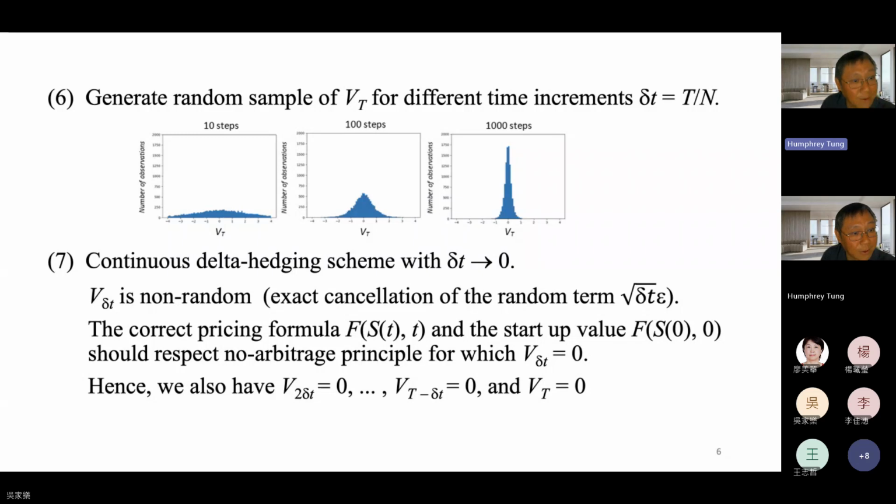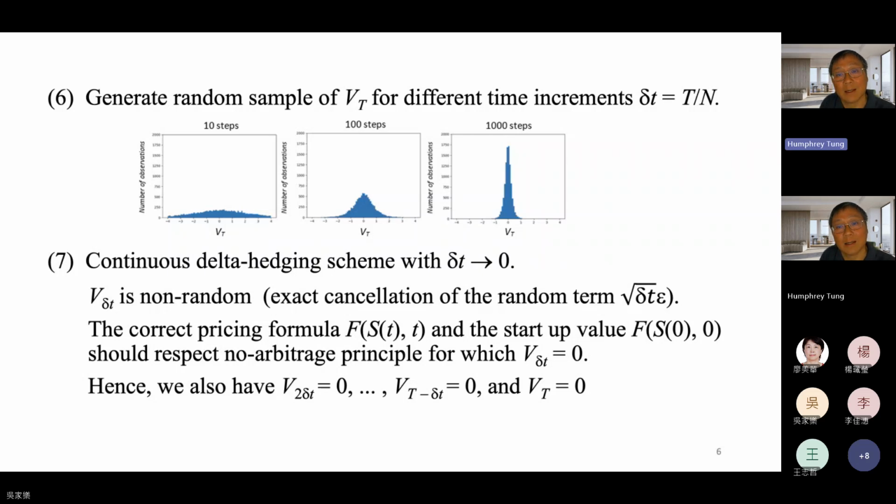Highly uncertain. The next plot is rebalancing 100 times. Then you start seeing the profit and loss of the seller being less uncertain. You can compare the variation of the profit and loss. And the third one, let's say 1,000 times, is even less uncertain.